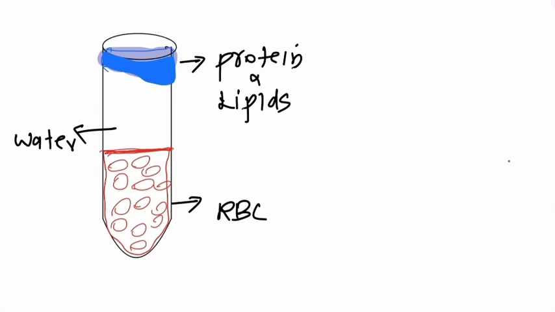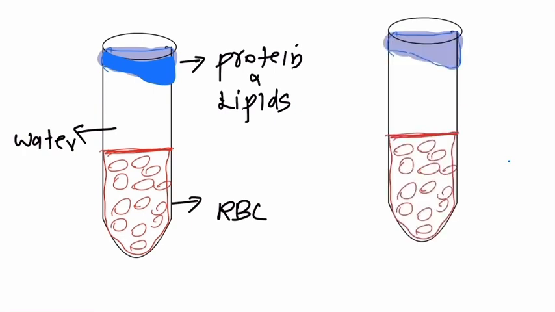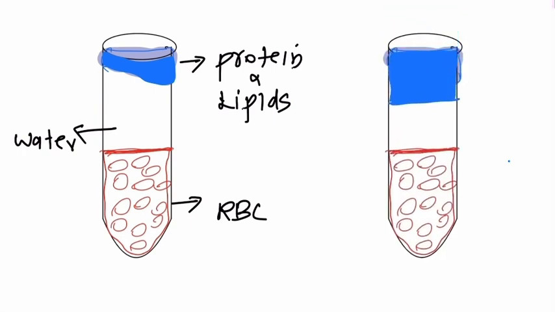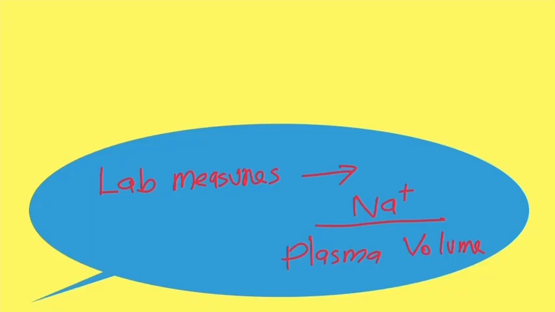So this is the blood in a test tube. We can see the RBC in the bottom and the plasma water and proteins and lipids in the upper part. In a patient with hyperlipidemia or hyperproteinemia, the plasma water is decreased due to the increase in the concentration of proteins and lipids.